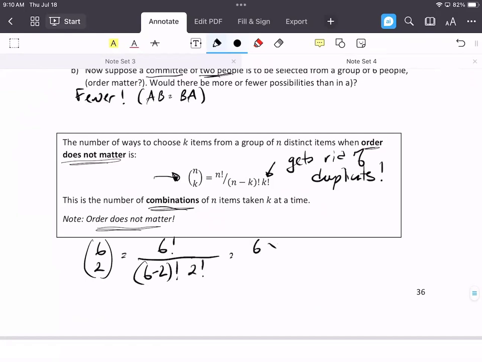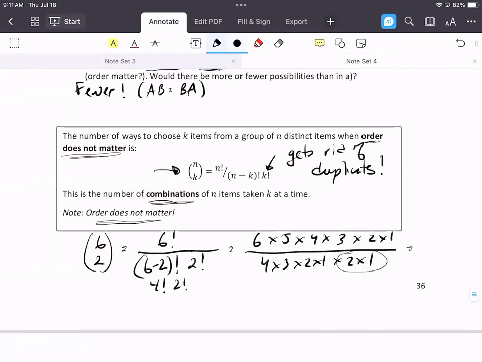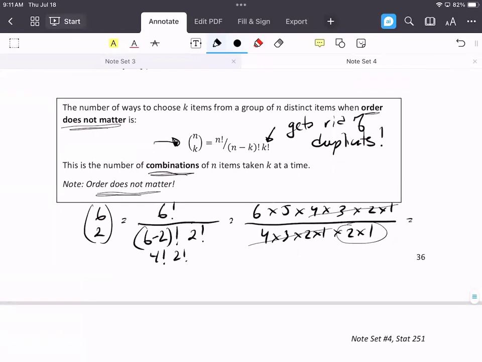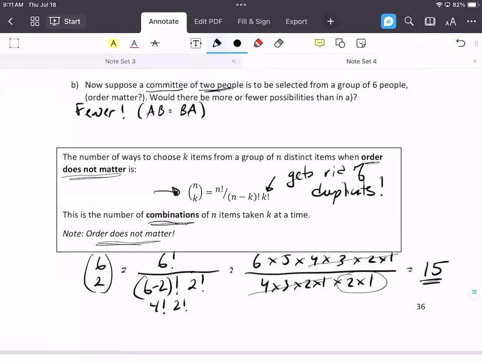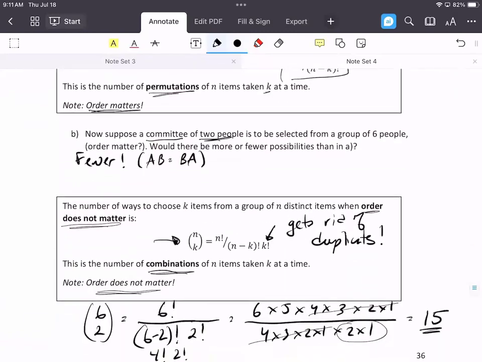So then I get 6 times 5 times 4 times 3 times 2 times 1 all over 4 factorial, 2 factorial, 4 times 3 times 2 times 1 times 2 times 1. You notice that k factorial ends up being 2, so it's going to cut the number in half. If you want to see, you can cancel those there. The 2 would cancel with the 6, and you're going to end up with 15. So be careful when you're counting these subsets. Does order matter or does order not matter?